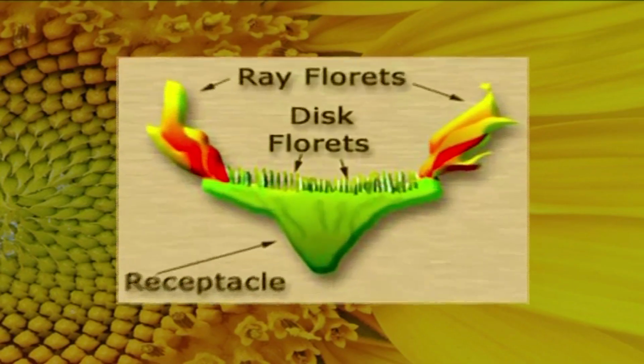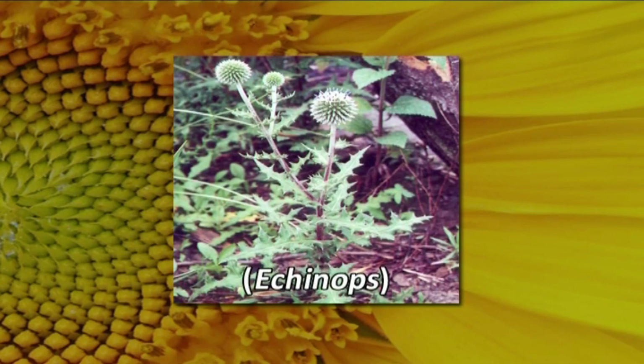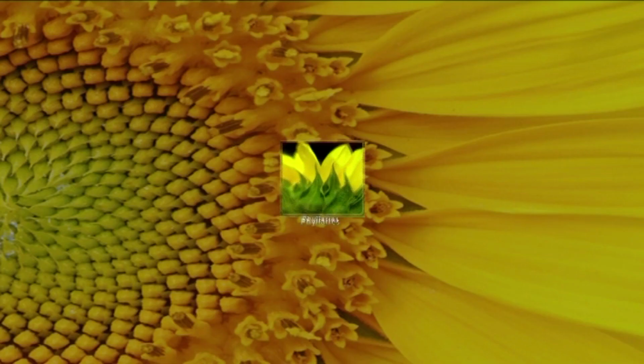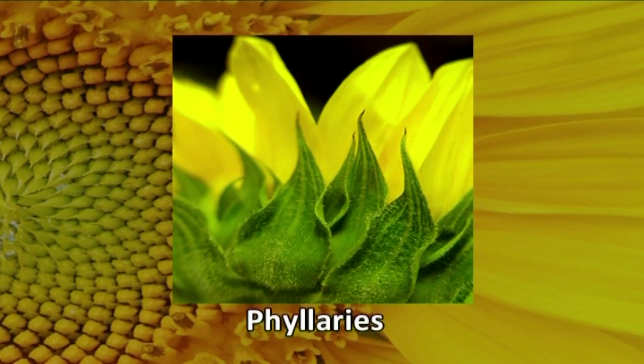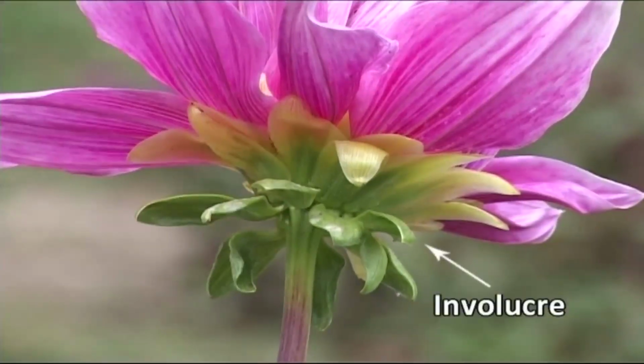Each head consists of a flat to conical compound receptacle that bears on one extreme a single head, as we see in the case of Echinops, to many flowers. The flowers develop usually centripetally and are subtended by one or more rows of bracts called phyllaries. This row of bracts is collectively termed the involucre.